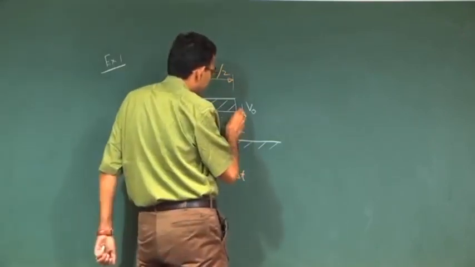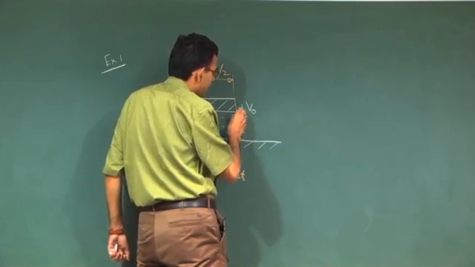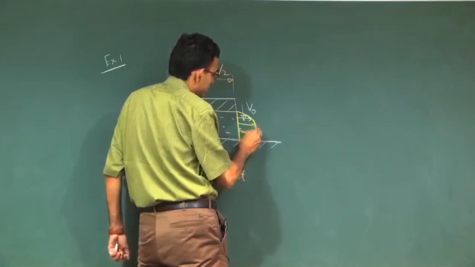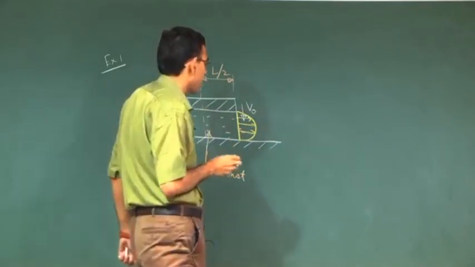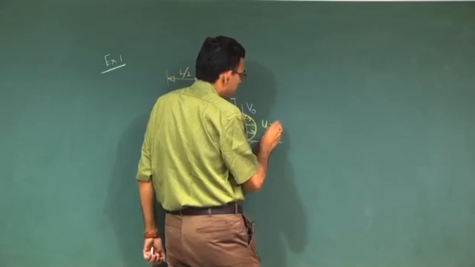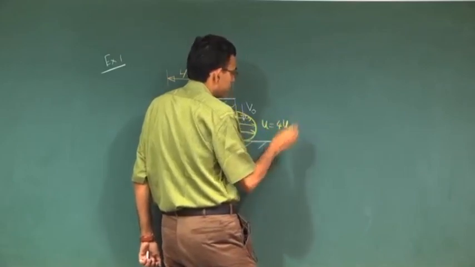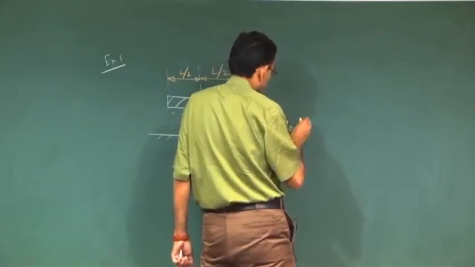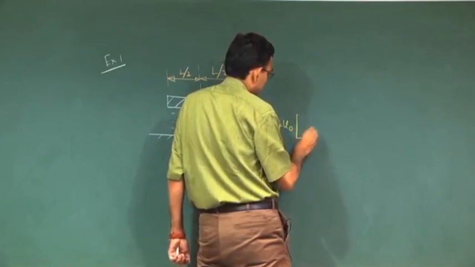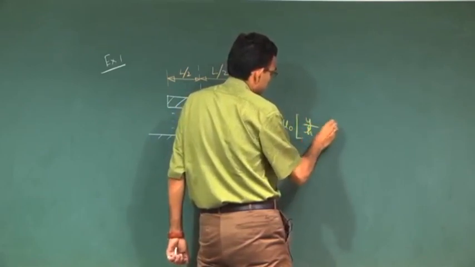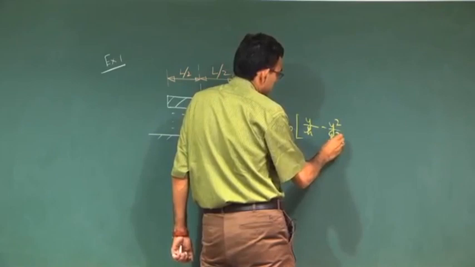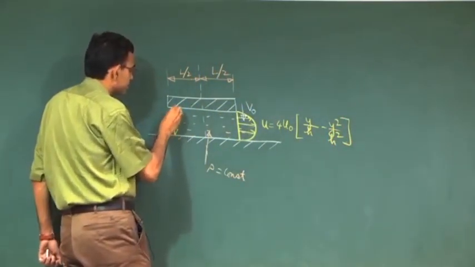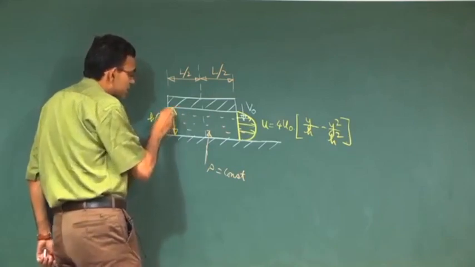it is given that the velocity profile at the outlet is given by u is equal to some function, where h is the gap between the two plates, which itself is a function of time.